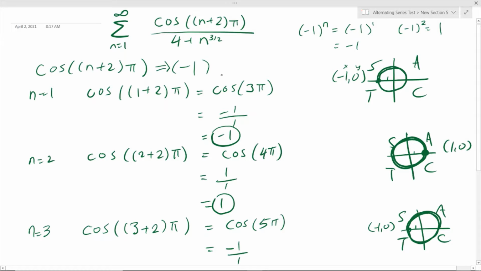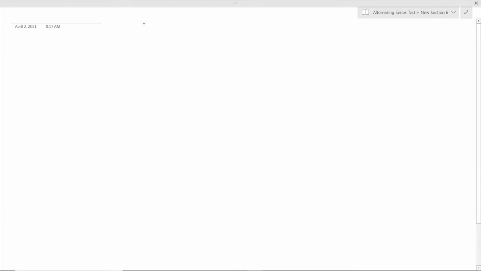So we can change this top chunk to -1 to the exponent of n, and we can rewrite this entire series.